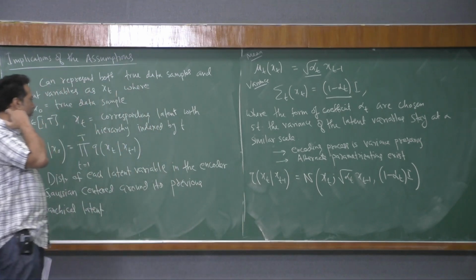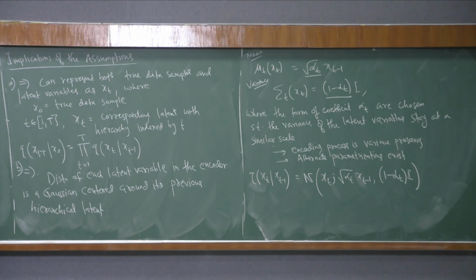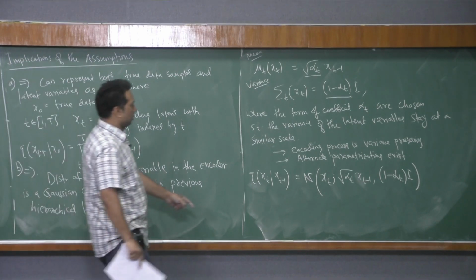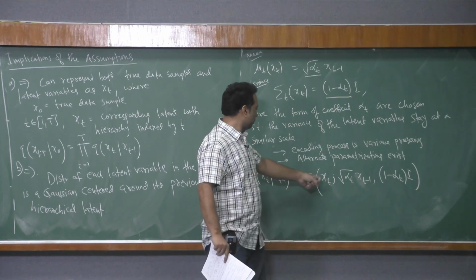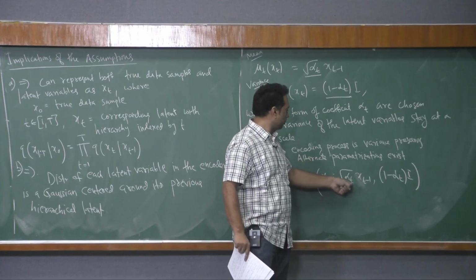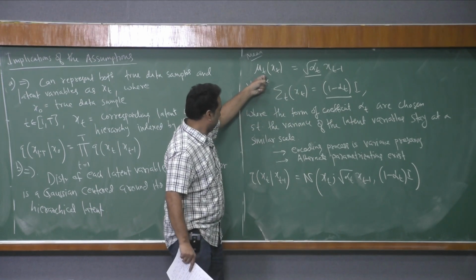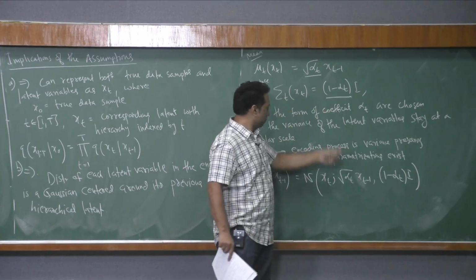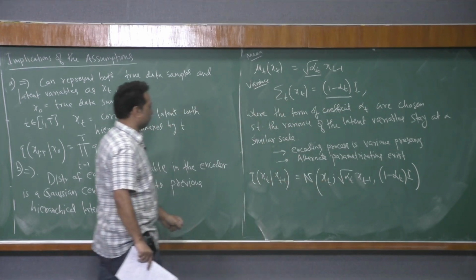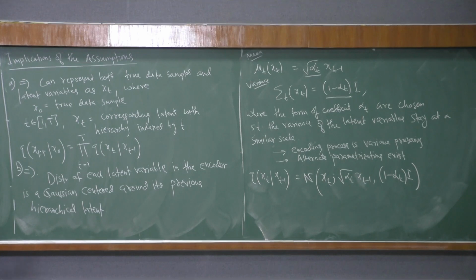I have a new normal distribution whose sample is given by xt, and the mean is given by square root alpha t x t minus 1. So this gives the new mean for xt and the new variance for xt. That's the form of q in the successive forward pass.